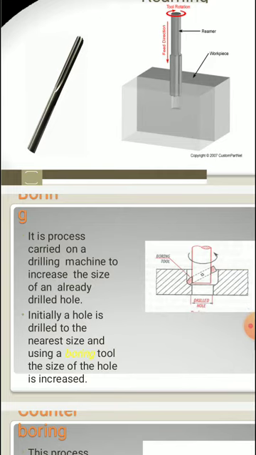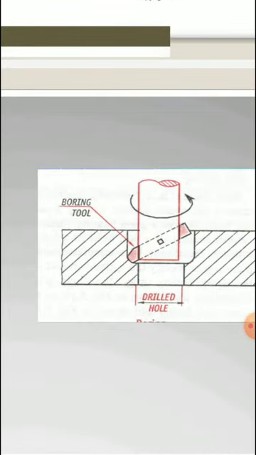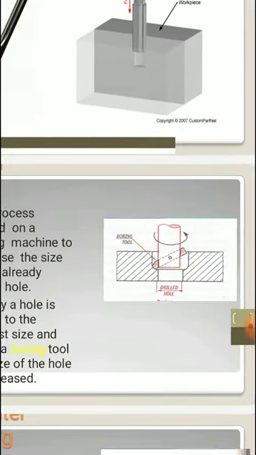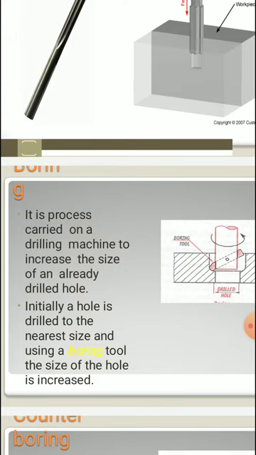Sometimes we need to increase the diameter of a drilled hole, and drill bits are sometimes not available in such sizes. So, for different applications, or according to the geometry of the part to be produced, if you need a larger size hole apart from the drilled size, the process carried out for enlarging an already drilled hole is the boring operation.